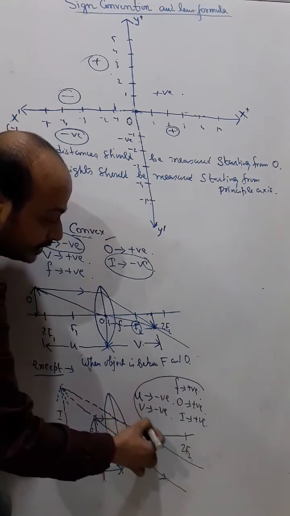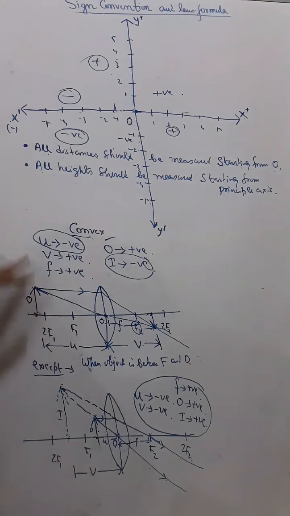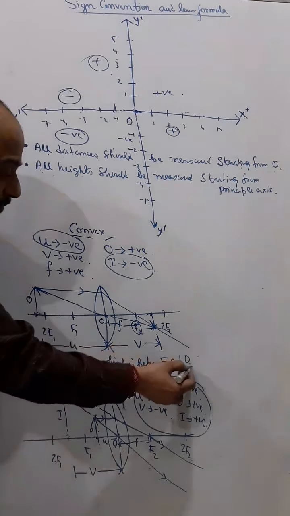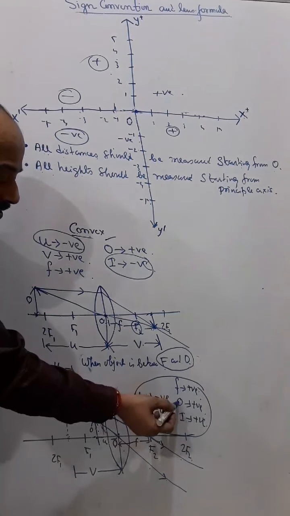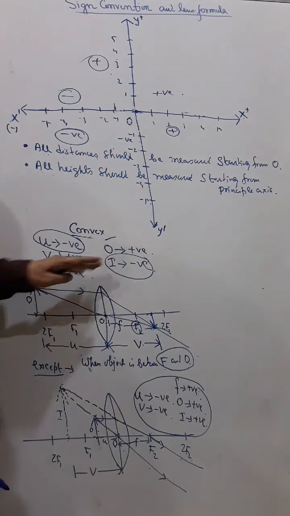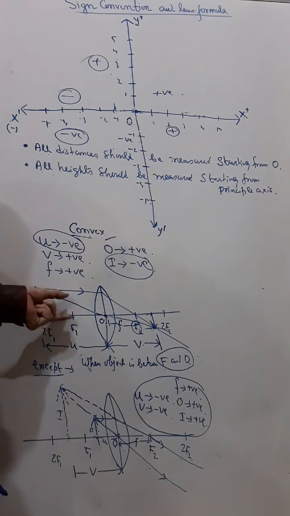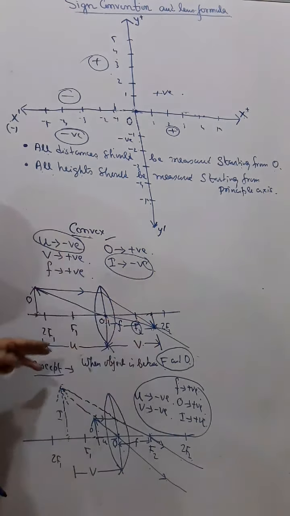So you can understand. So in a convex lens we'll find two situations. One situation is when between F and O we'll have this sign convention, and for all the other, because at every other position the image will be always on that side, the image will be always inverted.